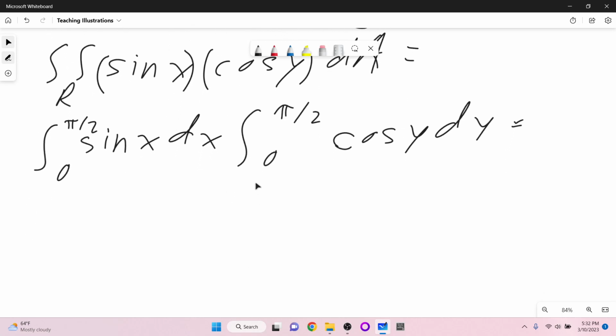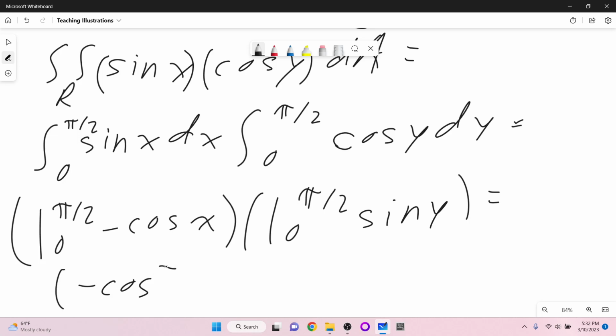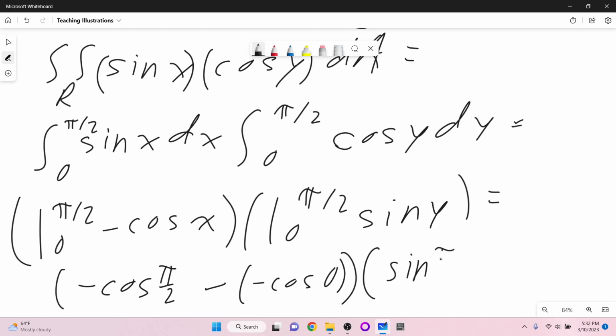Which then becomes negative cosine x from 0 to pi halves times sine y from 0 to pi halves, which is then negative cosine pi halves minus negative cosine 0, times sine of pi halves minus sine 0.